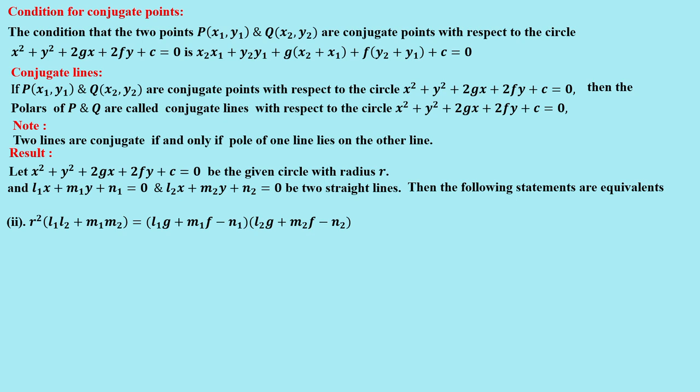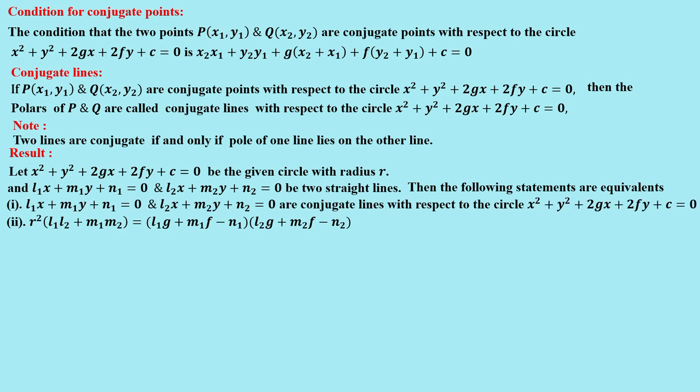First statement: L1x + M1y + N1 = 0 and L2x + M2y + N2 = 0 are conjugate lines with respect to the circle x² + y² + 2gx + 2fy + c = 0. Second statement: r²(L1L2 + M1M2) = (L1g + M1f − N1)(L2g + M2f − N2).